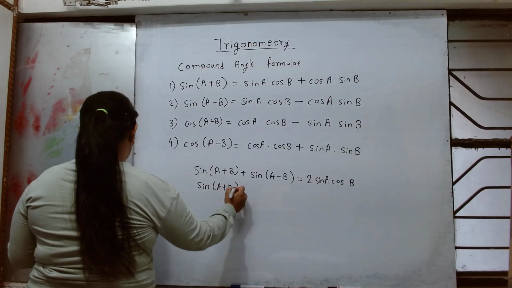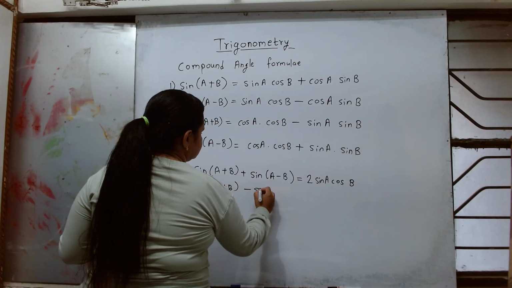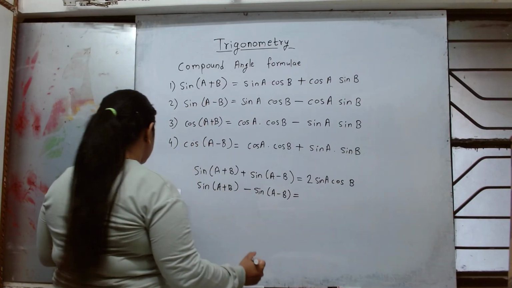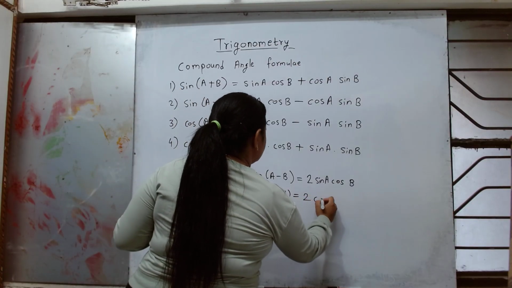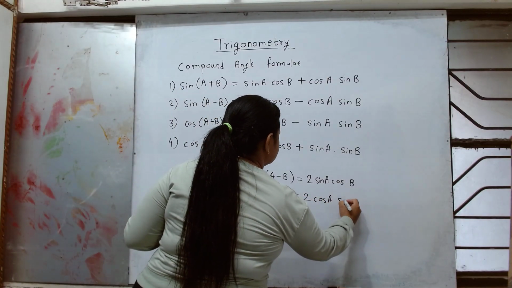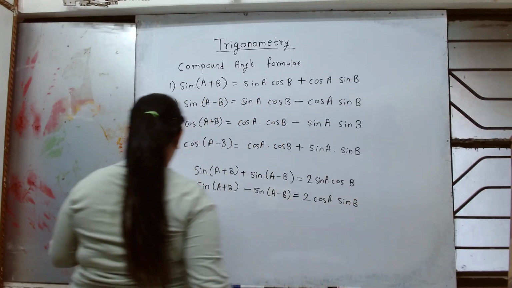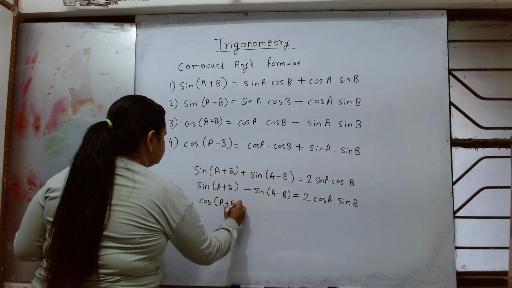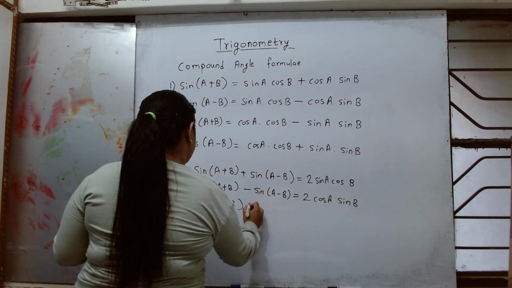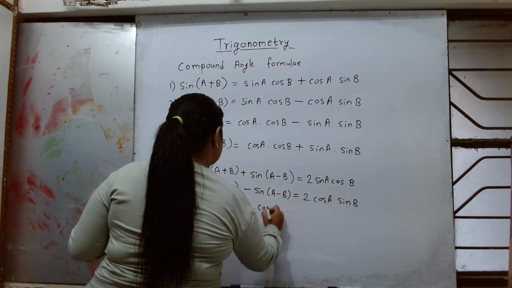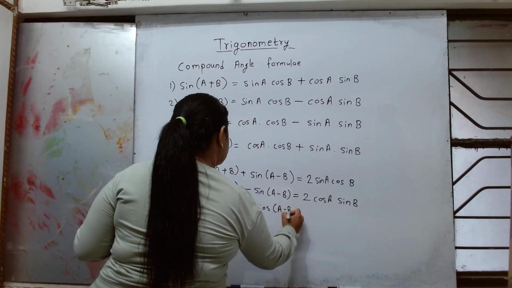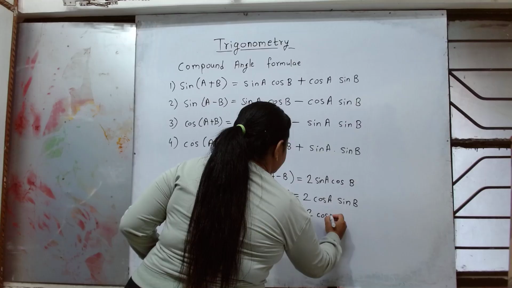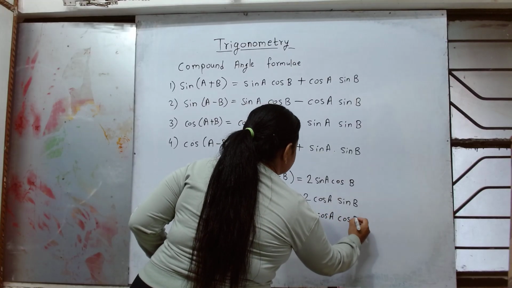Sin of a plus b minus sin of a minus b equals 2 cos a sin b. Cos of a plus b plus cos of a minus b equals 2 cos a cos b.